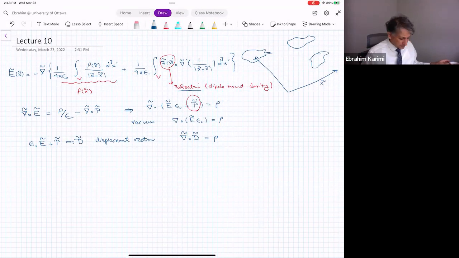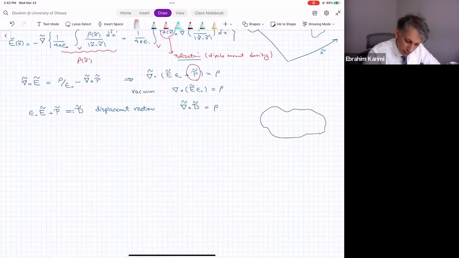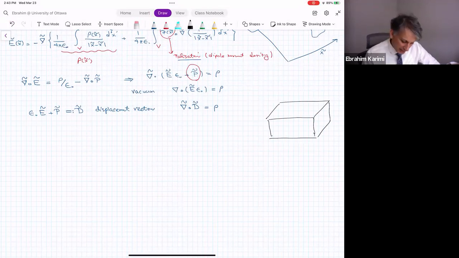Beautiful. So in the big picture, what is happening if you assume that you have a material in a space? Let's go with our previous discussion. We assume that we have a cube of 1 millimeter by 1 millimeter by 1 millimeter of a specific material.